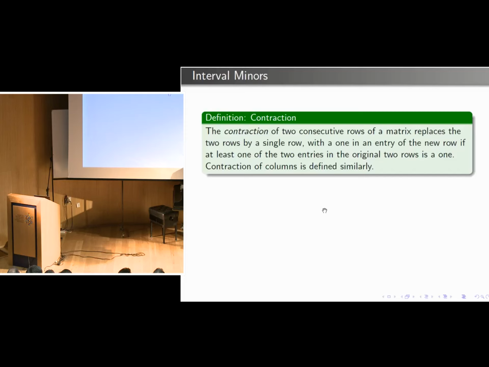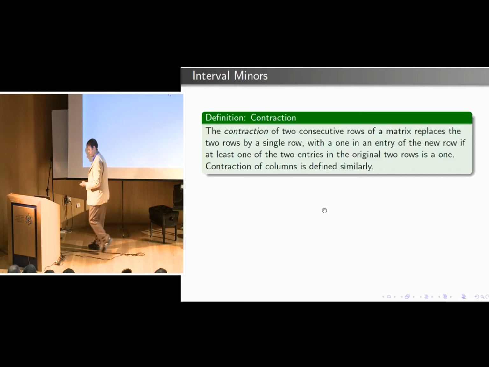We replace these 2 rows by a single row, and as long as there's a 1 in at least one of the 2 entries, we get a 1 in the corresponding entry. So in the first 3 columns, the first 2 rows have at least one 1 in them, but in the last one it's a 0. And so the new row you construct from the old 2 would be 1 1 1 0. Okay?